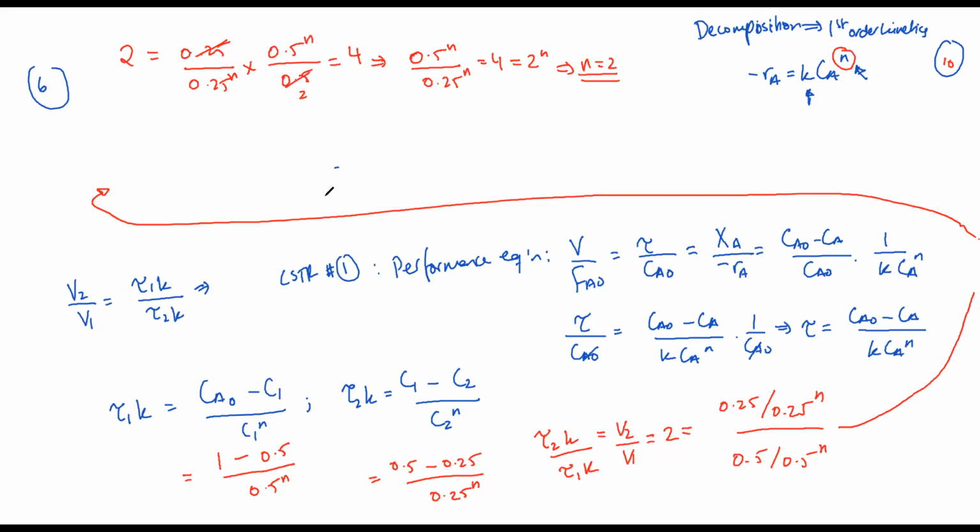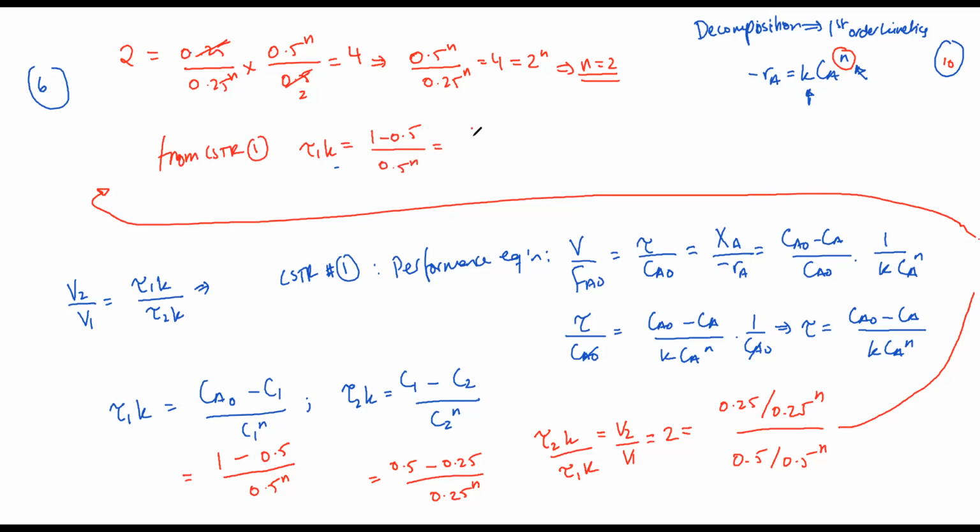So my reaction rate order is 2, so I have n. Now I need to get k. I don't know tau 2, so I can't use this expression. I have tau 1, so I can use this expression, right? So from CSTR 1, I know tau 1k is equal to (1 minus 0.5) over 0.5 to the n.